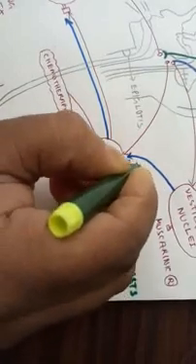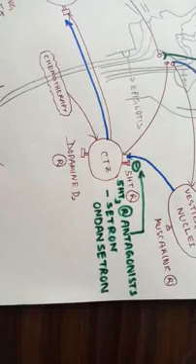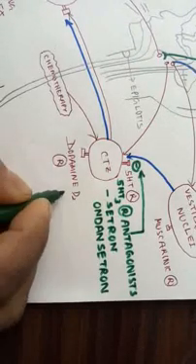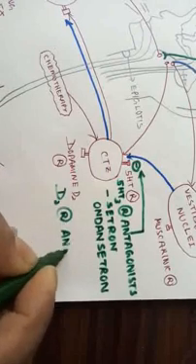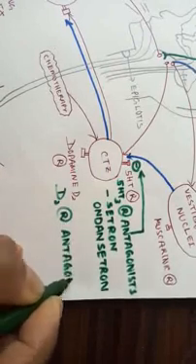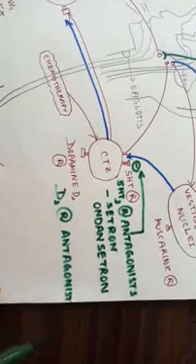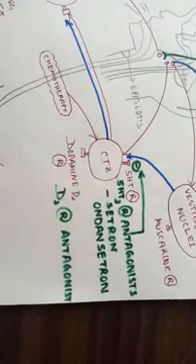Next comes your dopamine 2 receptor antagonist that works at the CTZ. This dopamine 2 receptor antagonists include a variety of subclasses. It is easy to remember dopamine 2 receptor antagonists as they are also used to treat schizophrenia and psychosis.